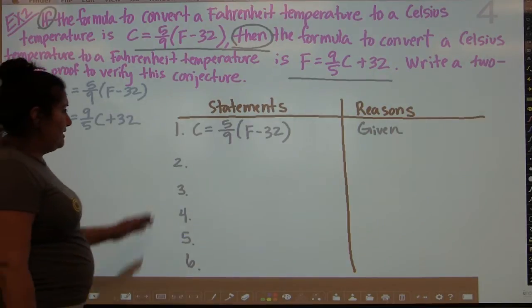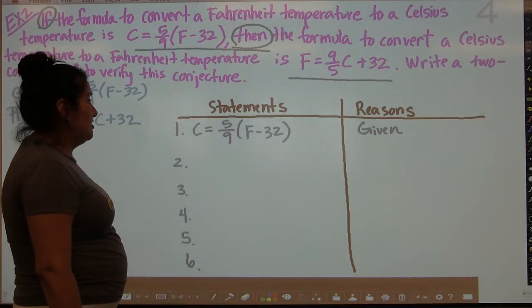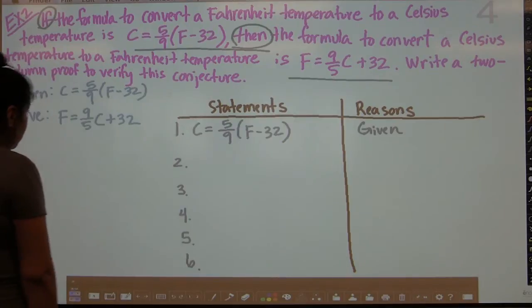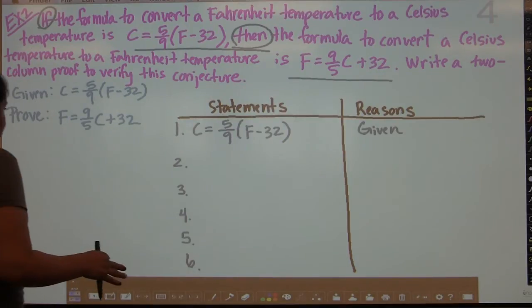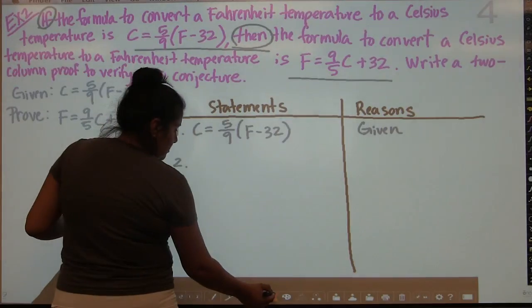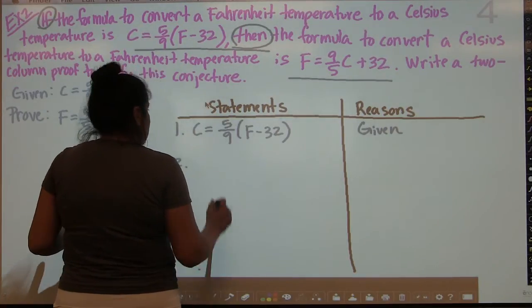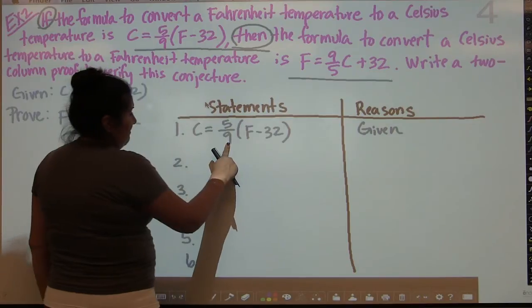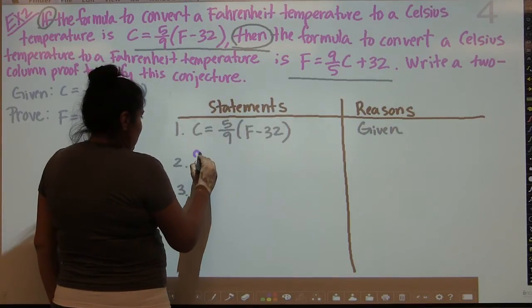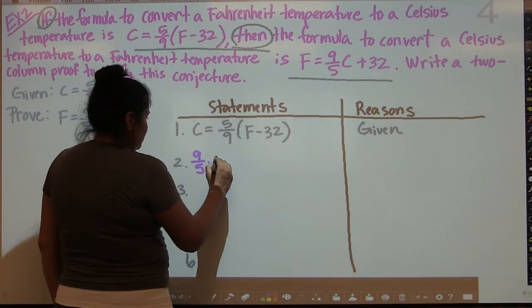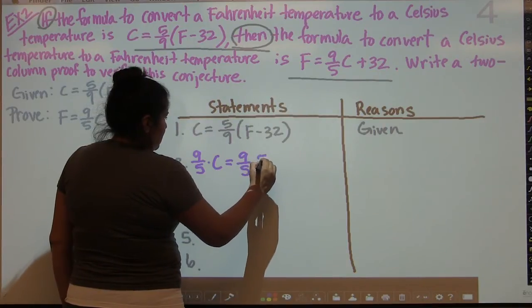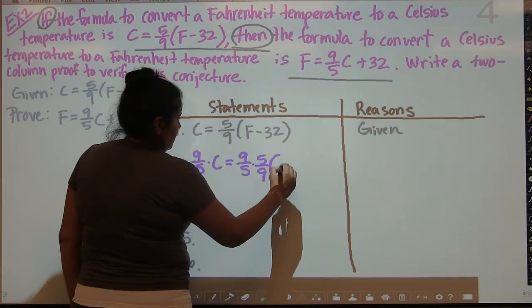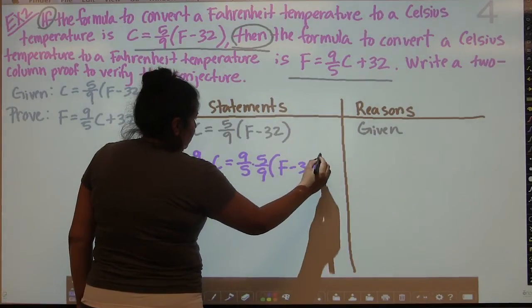So I've already filled in the first step, which is to start with the given. And now, the first thing that we want to do is multiply both sides by the reciprocal of 5/9. So I'm going to go 9/5 times C equals 9/5 times 5/9 F minus 32. Okay?